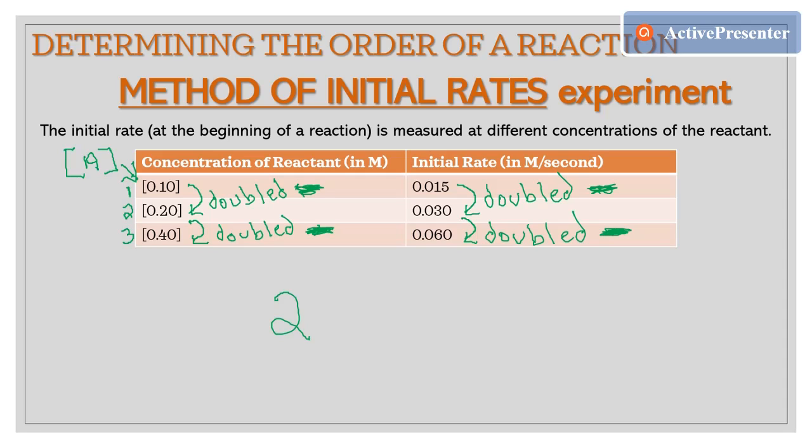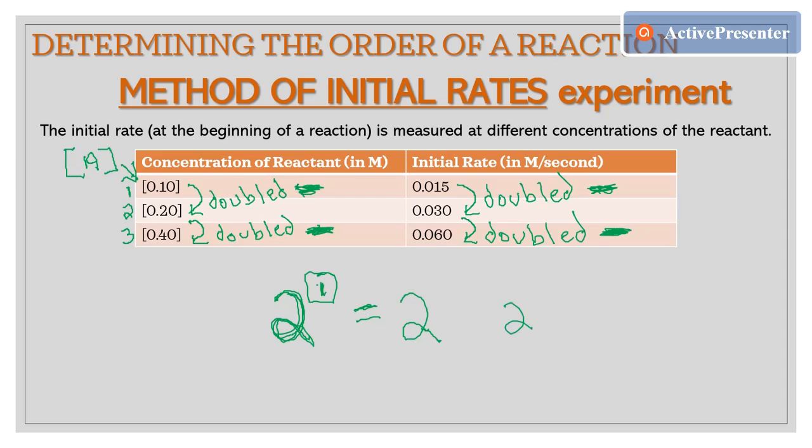So if we have this 2 down here for doubling the concentration, and the initial rate is also doubled, then we want to put some exponent up here that's going to give us the answer 2. So what exponent belongs up there after the 2? That's a 1.